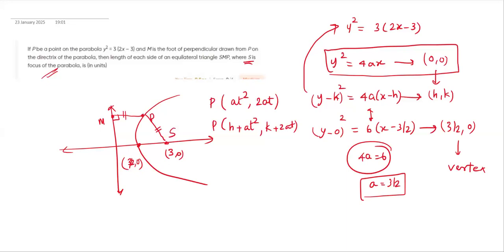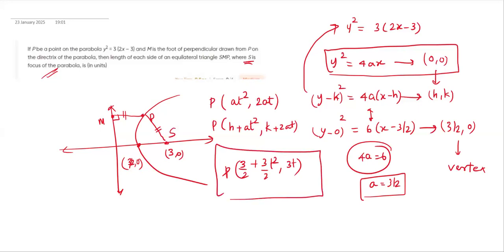Now, if you put the values of h and k here, you will get 3 by 2 plus a t squared, and what is a here? a is also 3 by 2. So 3 by 2 plus 3 by 2 t squared, comma 2 into 3 by 2 is 3, so 3t. So this is point P, any point on the parabola.